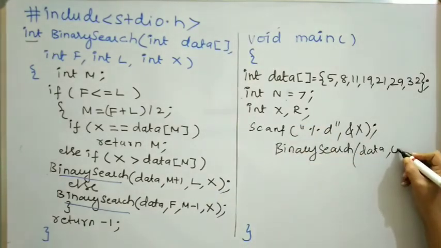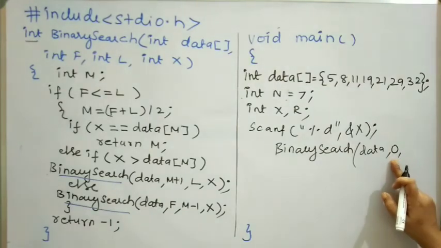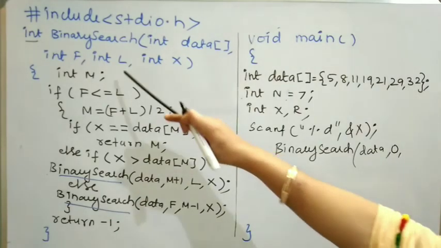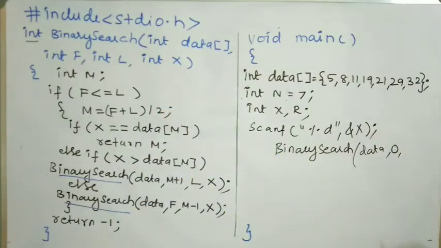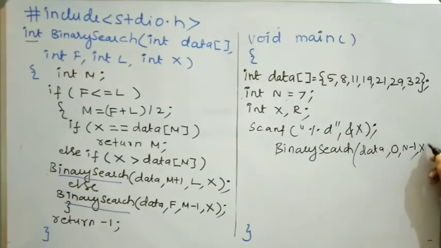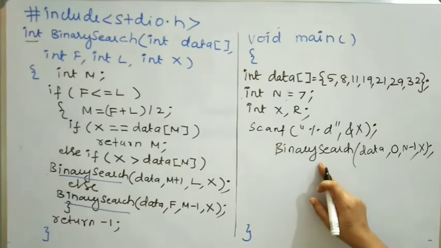Initially I need to start from the first element, so f specifies the index position of the first element, that is 0. The third parameter is L. I need to continue my search up to the last element. The index position of the last element will be n minus 1. The fourth parameter to this binary search function is of course the value which I need to search, that is x. So I am calling this binary search function.